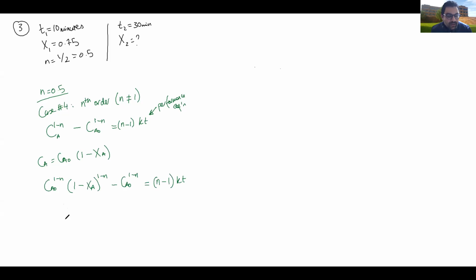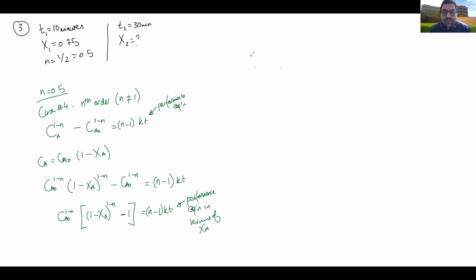And so my functional performance equation I'm going to use will be this one: 1 minus XA to the 1 minus n, minus 1, is equal to n minus 1 kt. And this will be the performance equation in terms of XA, right?